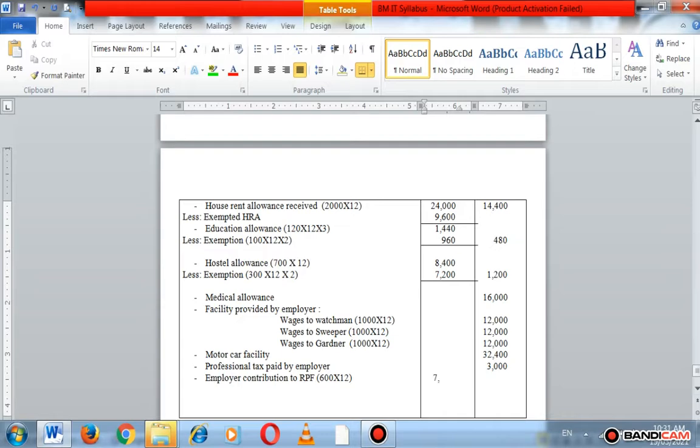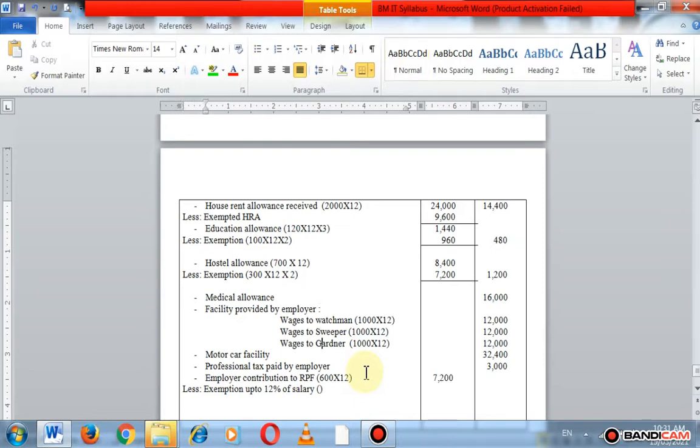So it is exempted: 7,200 less exemption up to 12% of salary. The 12% salary we already computed for HRA, so the same salary is applicable for computation of exempted recognized provident fund.